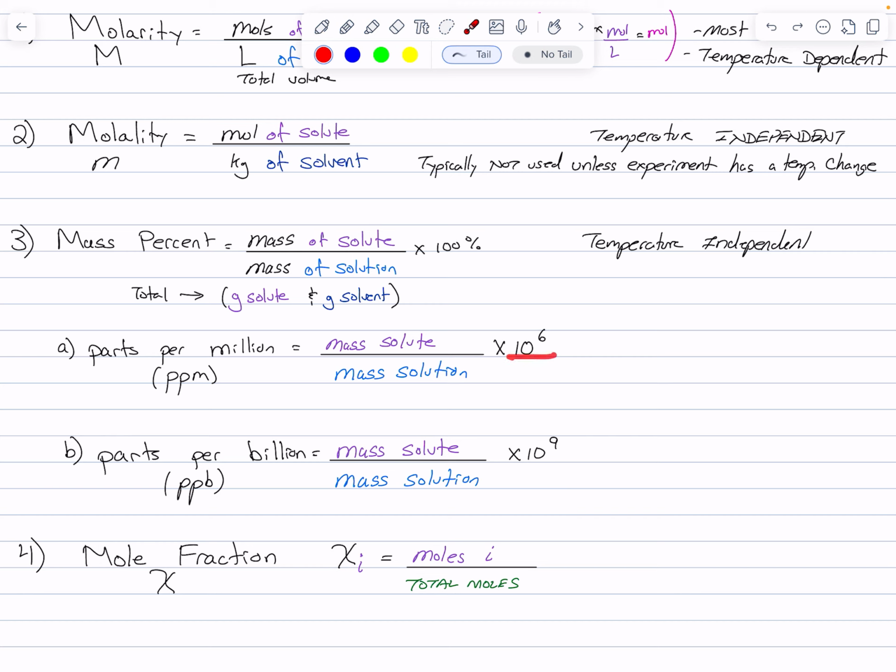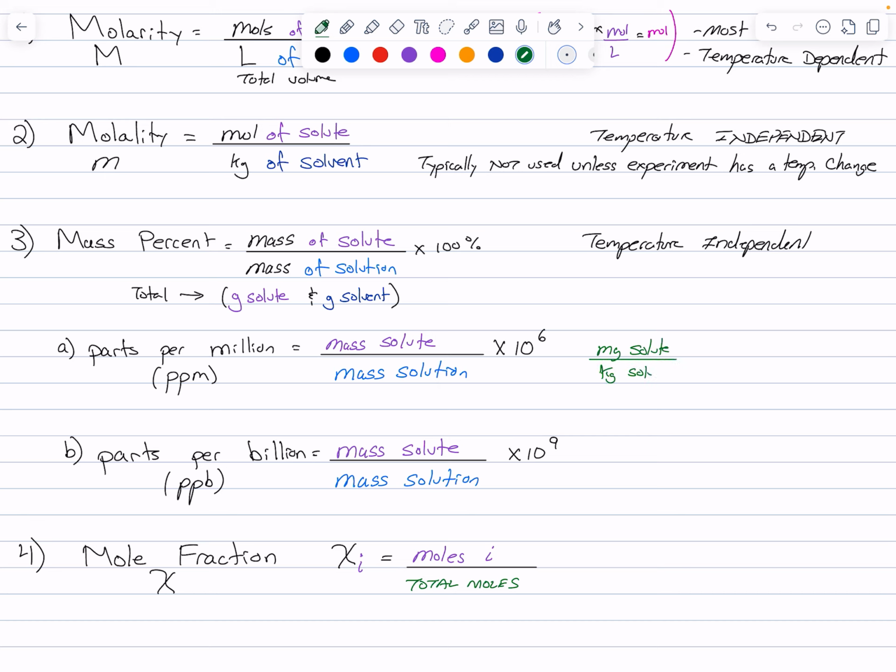A lot of times we can put these as milligrams of solute per kilogram of solvent. How does that work? Well, milli is 10 to the minus 3 and kilo is 10 to the positive 3, so the difference is 10 to the 6. That's your million.